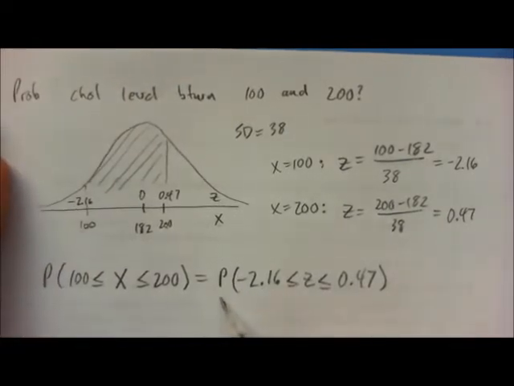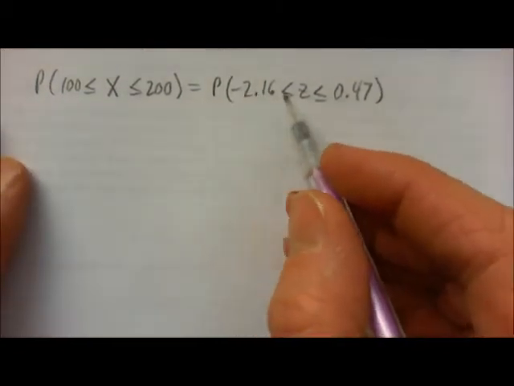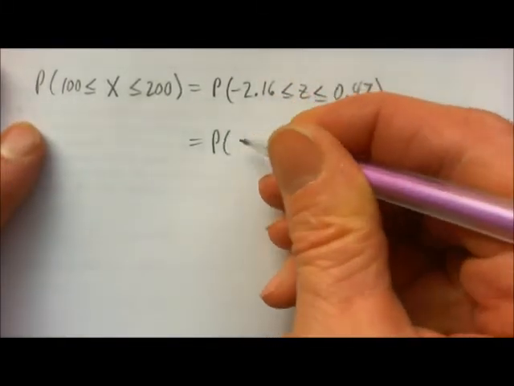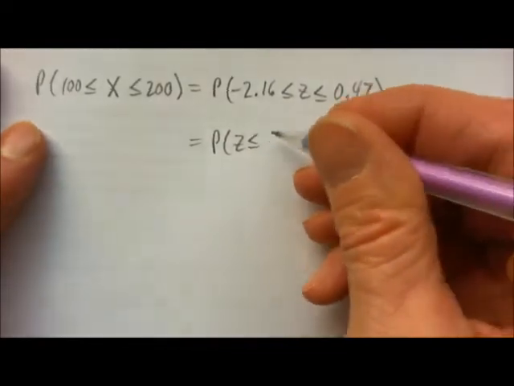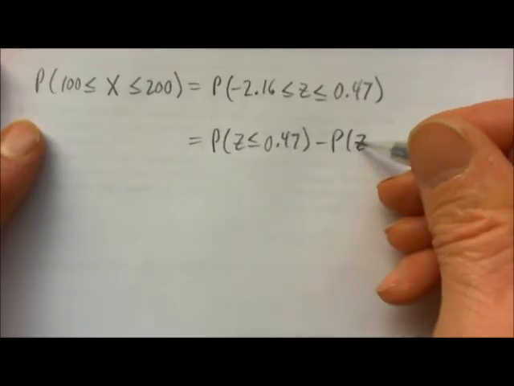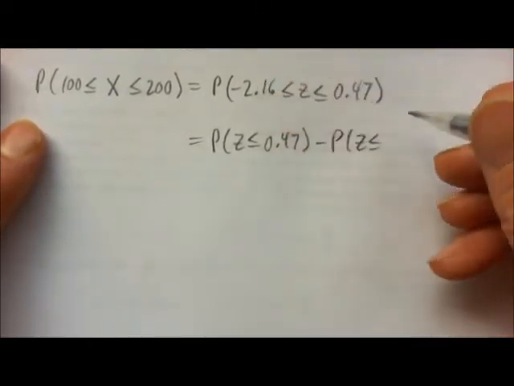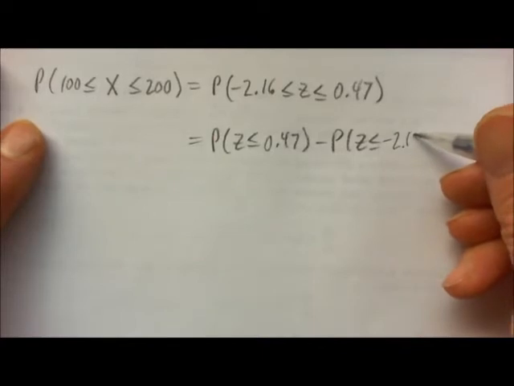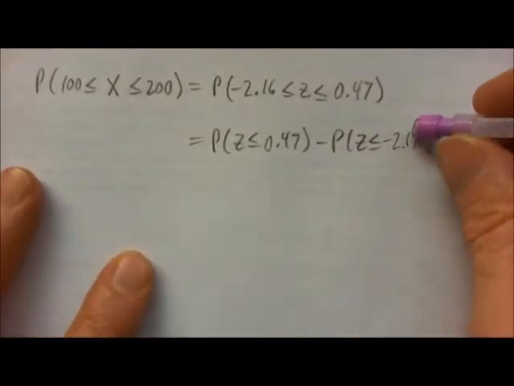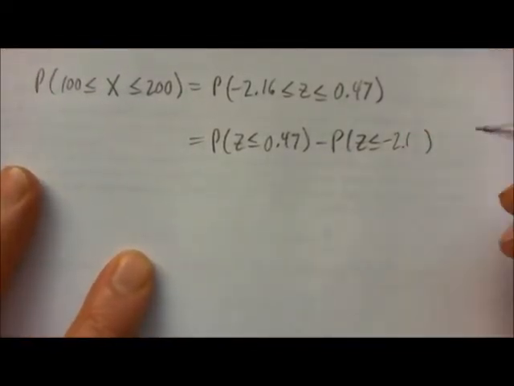Now, this is the kind of thing that we just found in the previous lesson. Remember that if we want the probability of being between two values, that's the probability of our z being less than or equal to the larger value, 0.47, minus the probability that z is less than or equal to the smaller value, -2.16. Did I get those right? Yes, that's 2.16 in this case.